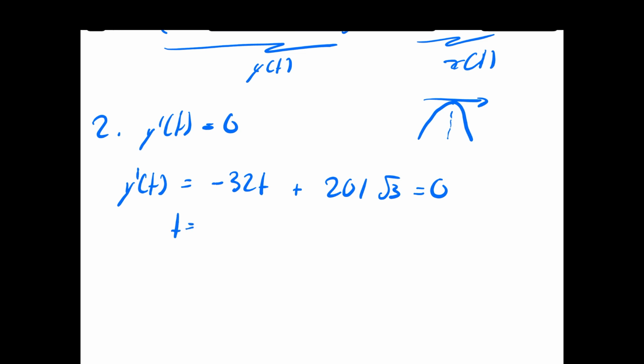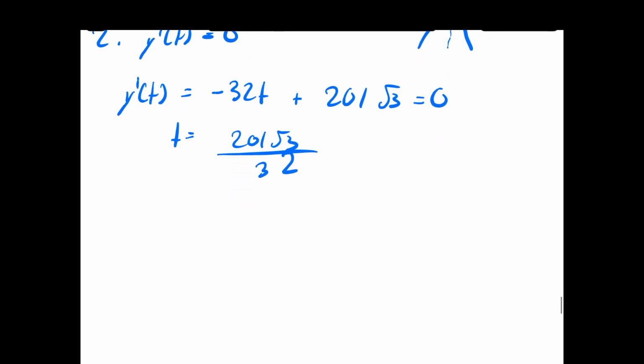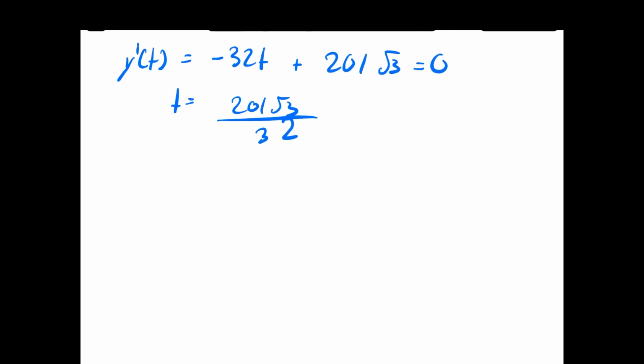So t equals, what's it called? t would equal 201 root 3 over 32. Now you're going to sub this back into your y at t, so you're going to go y at t, where t equals 201 root 3 over 32, and this will get you your answer.